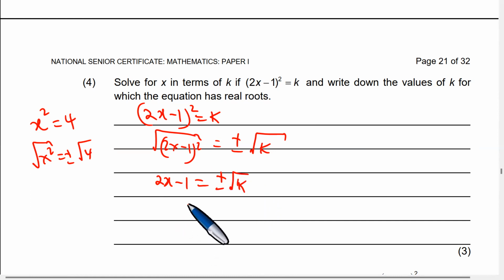The square root removes the square, then we have plus or minus there, which means 2x equals 1 plus or minus the square root of k. Divide by 2: x equals 1 plus or minus the square root of k, divided by 2.